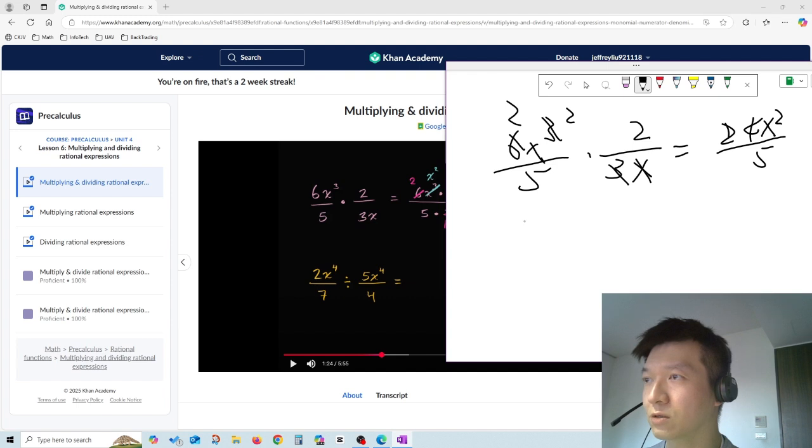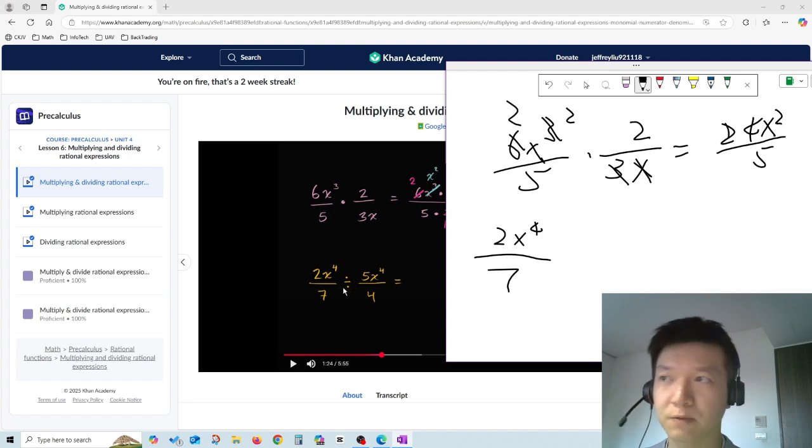Moving on to this one. So if you have a divide, then it's going to be reversed and multiplied, right? Reverse it and multiply.